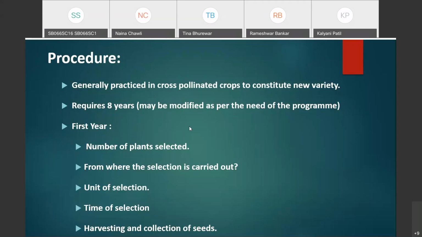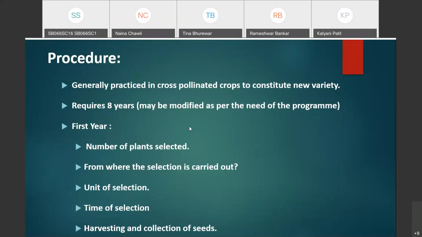In the general sense, it requires about 8 years to release the new variety by using the mass selection method. But the procedure may be modified as per the need.